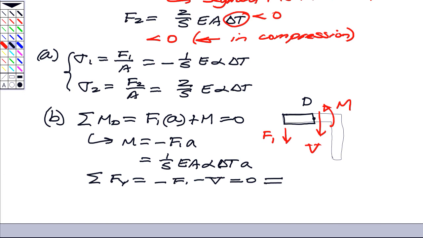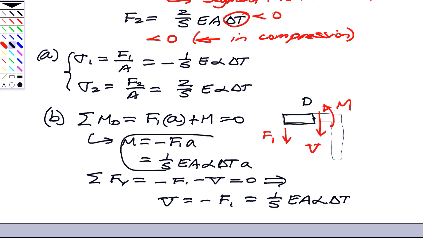So from this, I see that the shear force is equal to minus F1. So that ends up being 1/5 EA alpha delta T. So this is the bending moment, and this is the shear force.